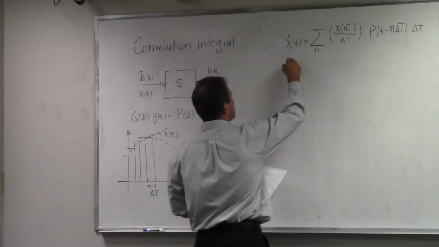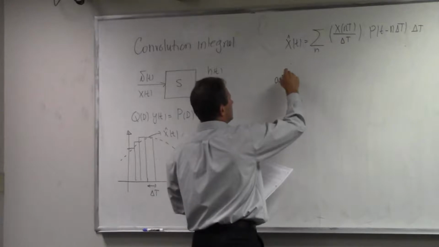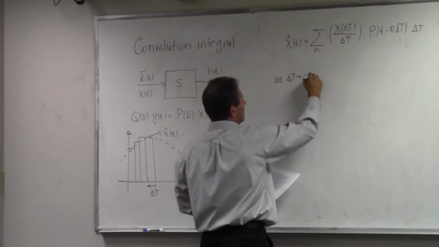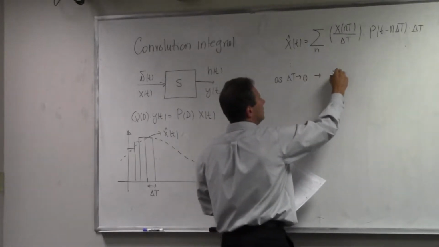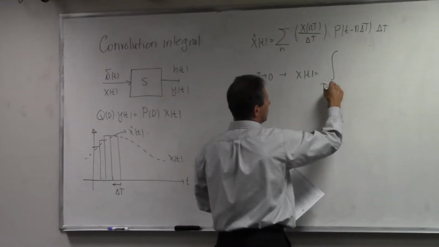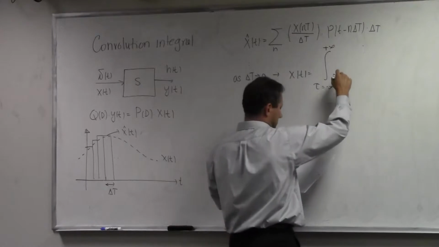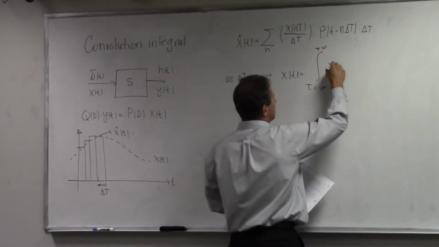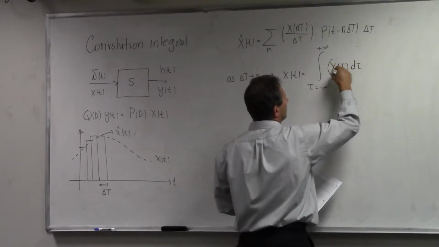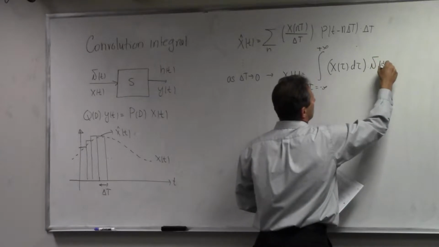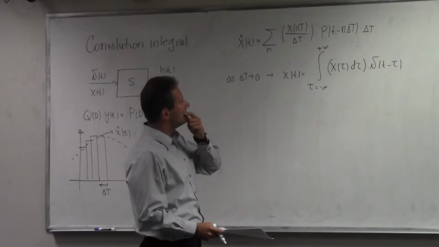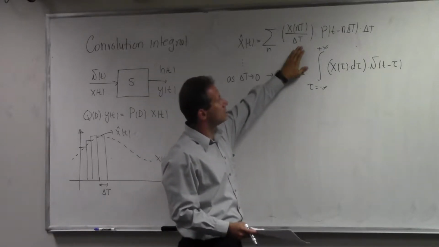And what we discovered after some math is that as delta t goes to 0, x of t could be seen as an integral, where tau goes from minus infinity to plus infinity, of x of tau d tau times delta of t minus tau. To be essentially close to this formulation here.